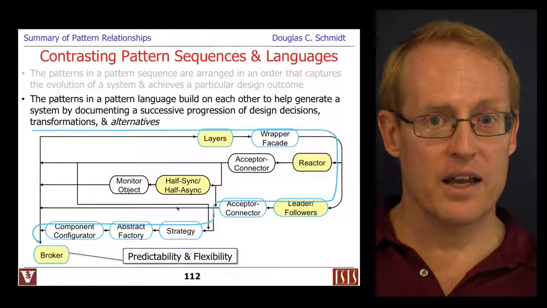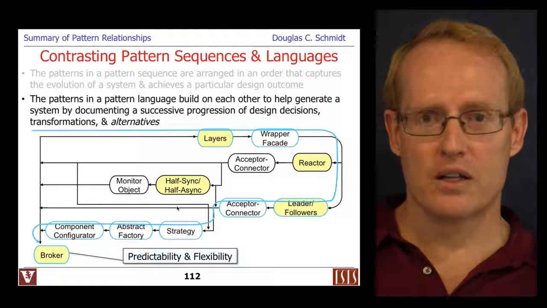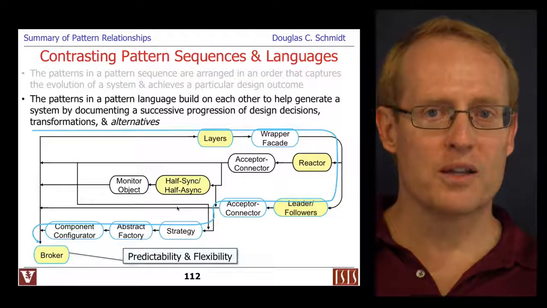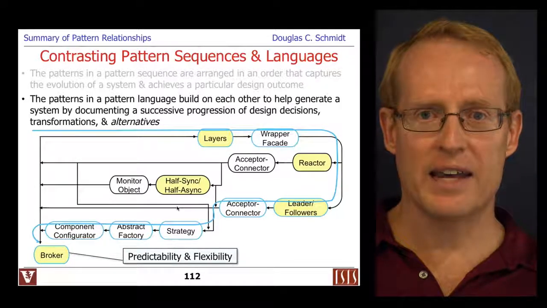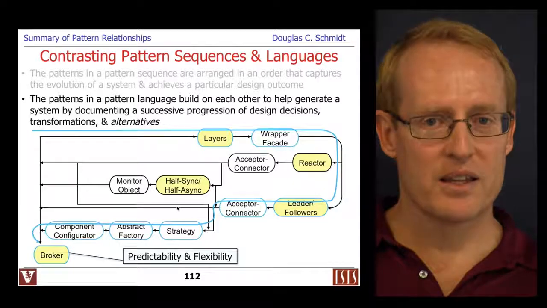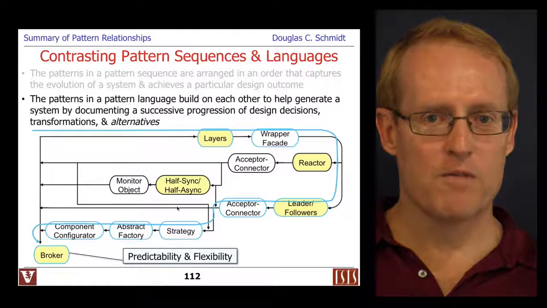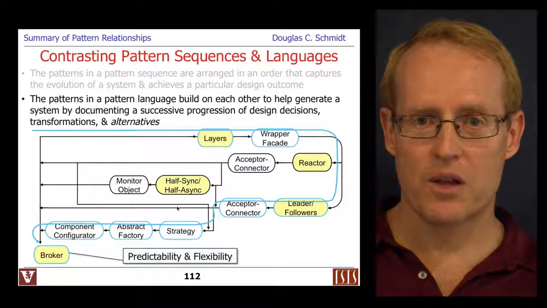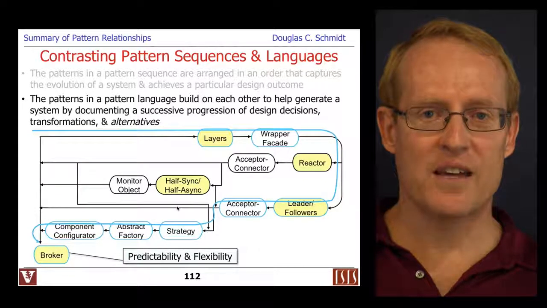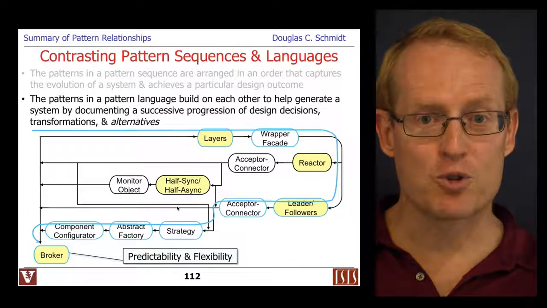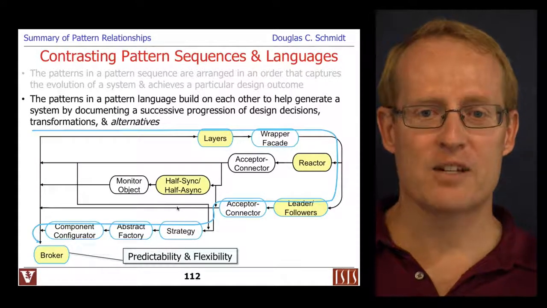As we'll see in the next part of this module, leader followers makes it possible to have a thread pool that incurs less overhead than half sync, half async. As a result, it's more efficient and more predictable, although half sync, half async is more scalable. So it's a question of which type of trade-off you're trying to emphasize in your design.